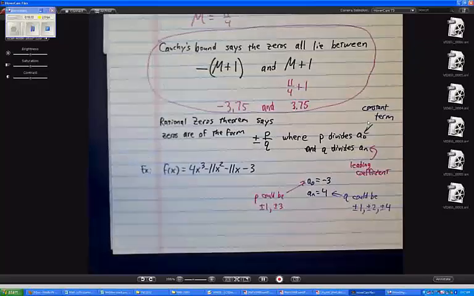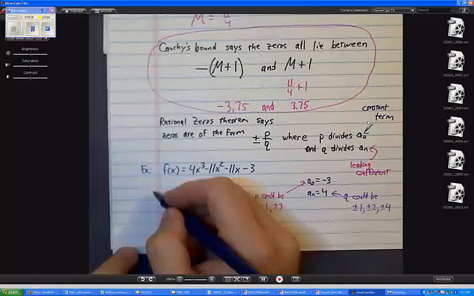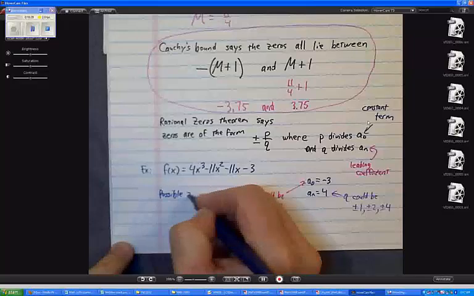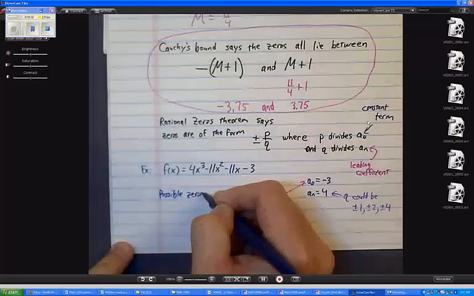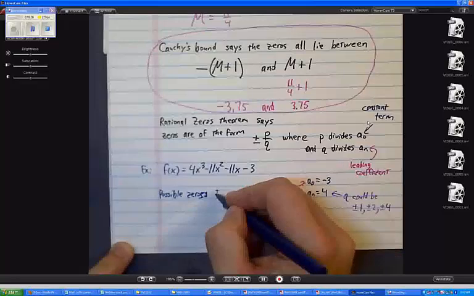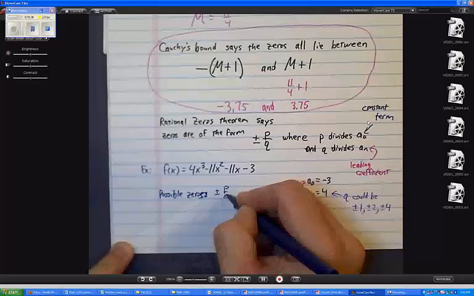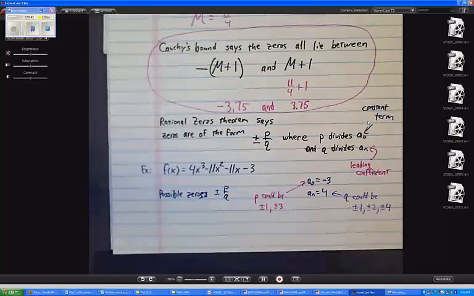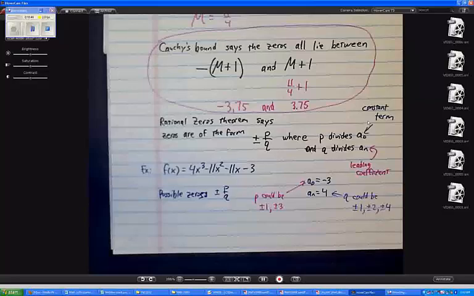And now, here's what I'm going to do. I'm going to list the possible zeros. Remember, they have to look like plus or minus P over Q. And you have to take every possibility into account. So watch this. The possible zeros for this problem are going to be, well, P could be 1.